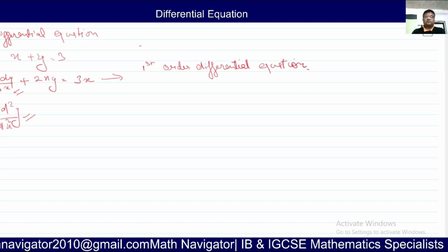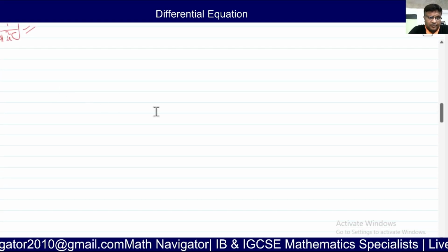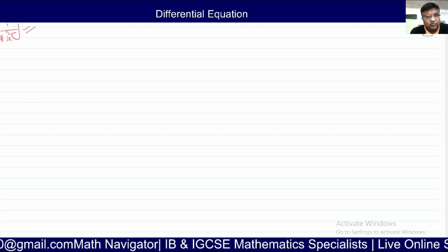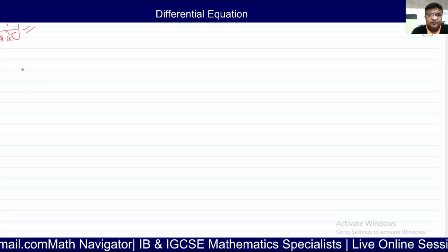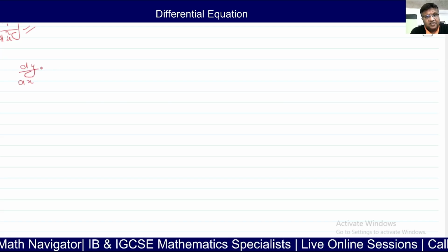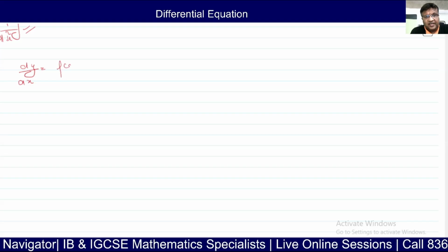There are different types of differential equations, and hence there is a different way of solving each. So ways of solving: number one is when dy by dx is equal to f(x).